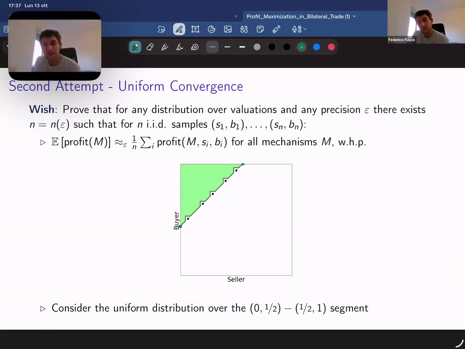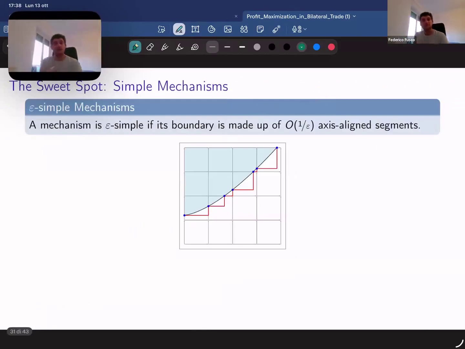This means that even if you give me 1 billion points, no matter how many, I can always find a mechanism with empirical profit 0, but whose expected profit is constant, because it contains nearly all the segment. Okay, so this does not work.